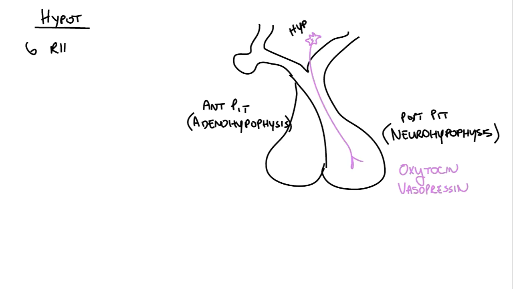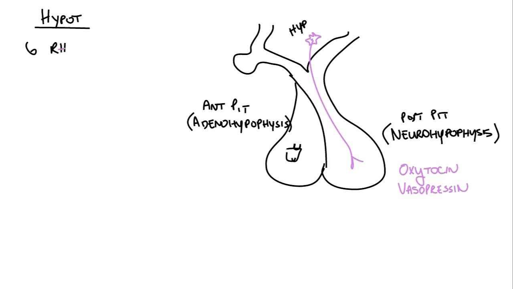They're made in the hypothalamus and then stored in the posterior pituitary until they are needed. The anterior pituitary is actual endocrine tissue, so it's going to actually make some hormones. Releasing hormones from the hypothalamus go then into the anterior pituitary and find the correct receptors on those cells to make another hormone.